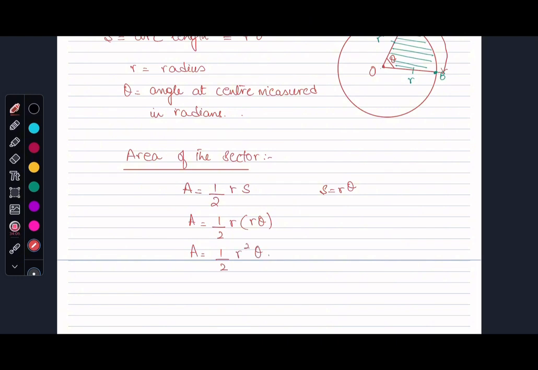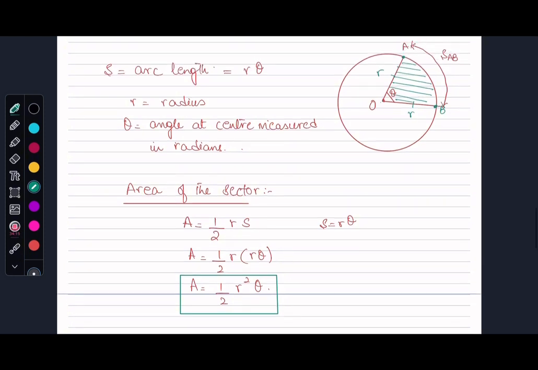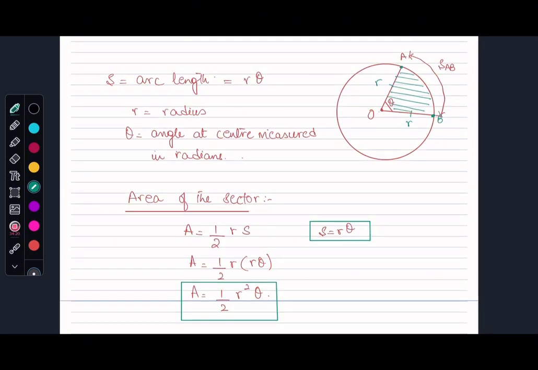So this is going to be the area of the sector, where theta is measured in radians. Arc length R theta and area equals half R square theta, where we have to be very particular that our theta has to be in the radian measure. So this is what our circular measure is.